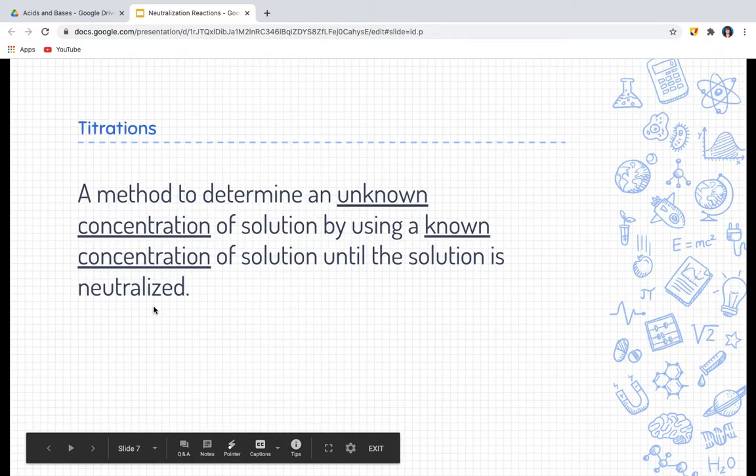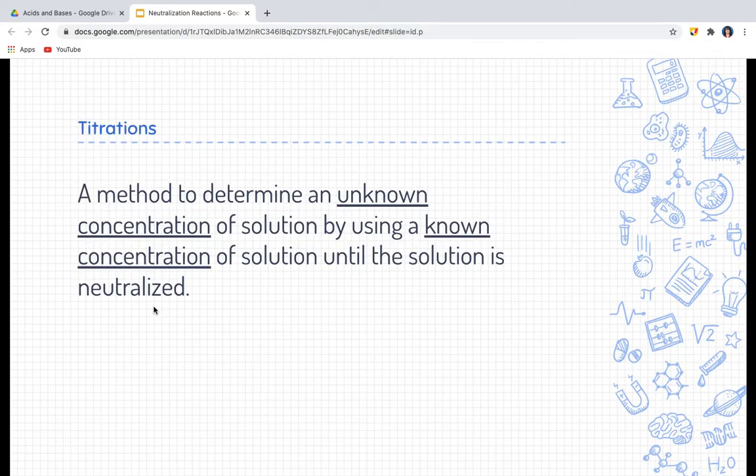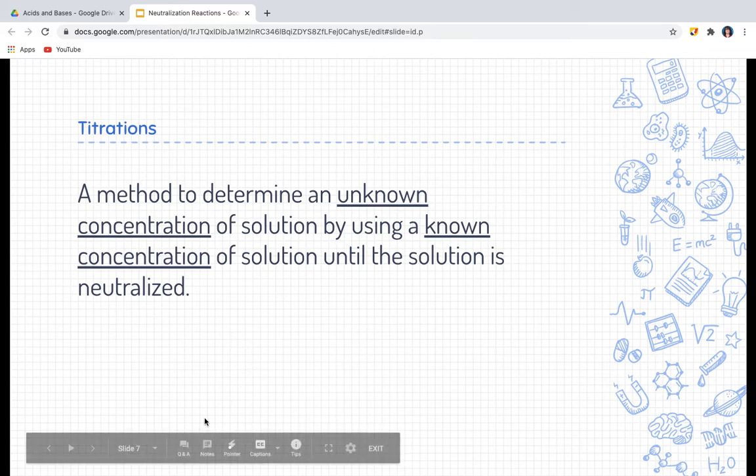Now we're going to talk through titrations. A titration is a method used to determine an unknown concentration of a solution by using a known concentration of solution until the solution is neutralized.